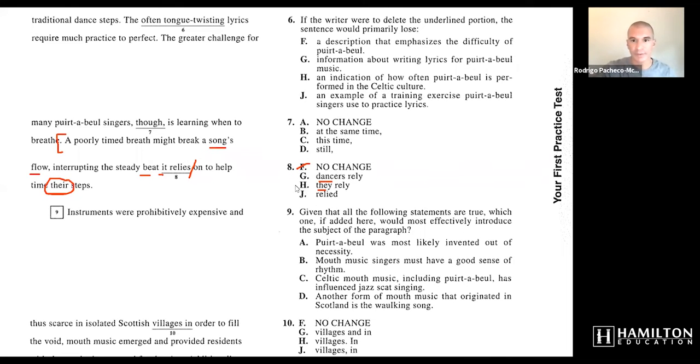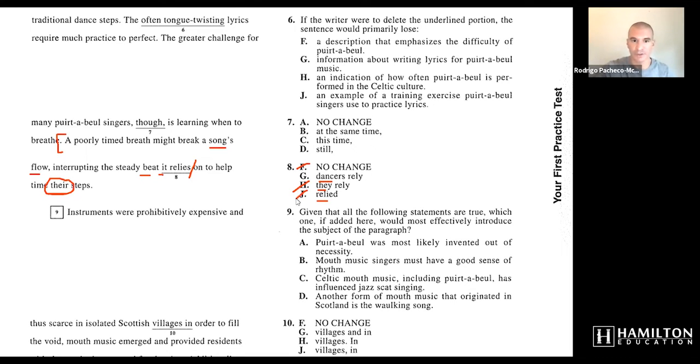H, this would correspond with the pronoun that we have here, their. But if we went with H, it would be unclear who they are. Again, that's the ambiguity aspect of the question. So we can eliminate H. J, relied. We don't have a pronoun for this one, or a noun.